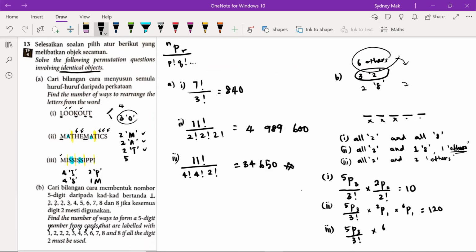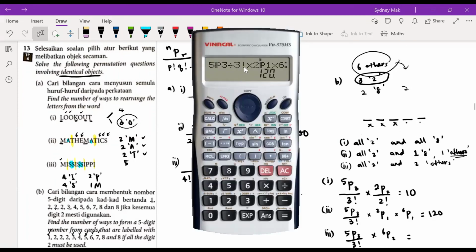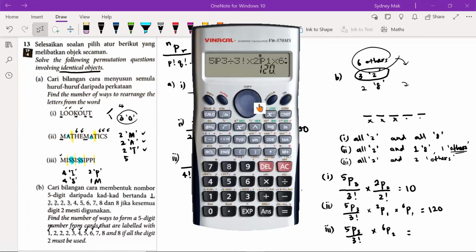Therefore, it will be 6 other numbers, out of which we choose 2 to permute in the remaining 2 empty slots. So 5P3 over 3 factorial, followed by 6P2. The answer is 300.